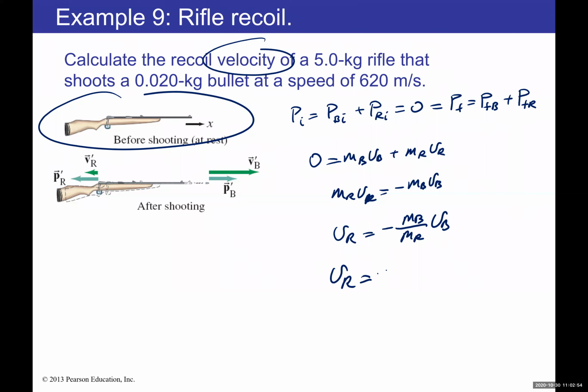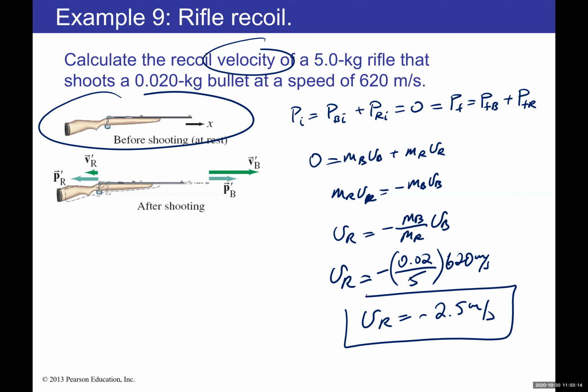Then the velocity of the rifle equals negative 0.02 over 5, that's the mass ratio, times 620 meters per second. So it should be negative 2.5 meters per second.